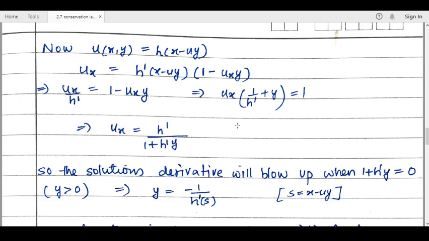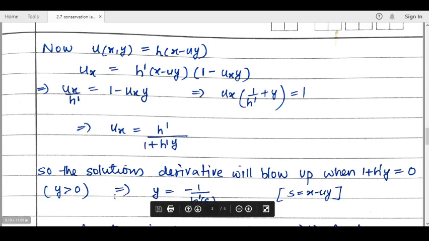So it means that u is a solution. The solution's derivative ux will blow up if the denominator vanishes. ux does not exist if the denominator vanishes. It happens at the point when 1 plus h dash y equal to 0.